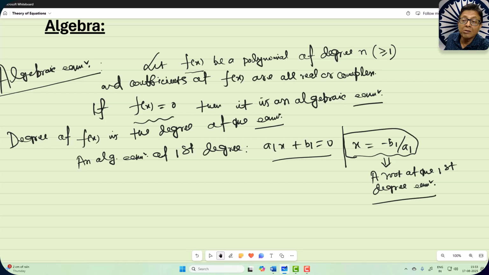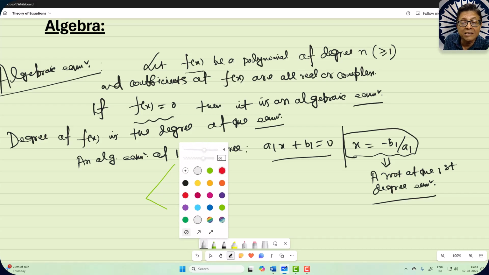Zeros of polynomial we have stated in case of polynomial only, but here in theory of equations there is no need to state that this is a root of the polynomial. And if you plot a graph of this polynomial, it will intersect the x-axis at one point only.